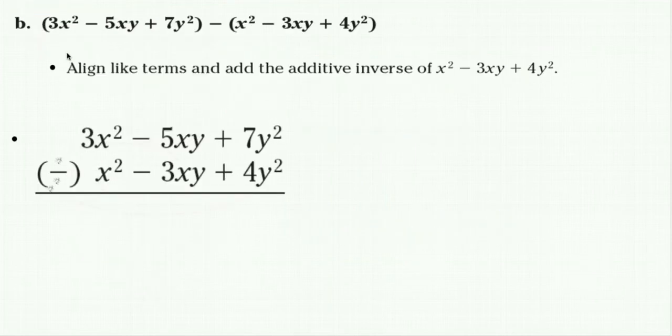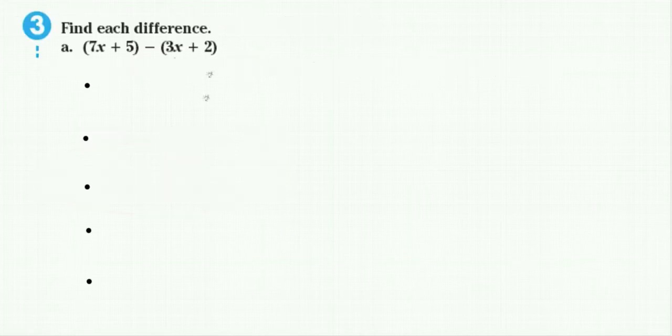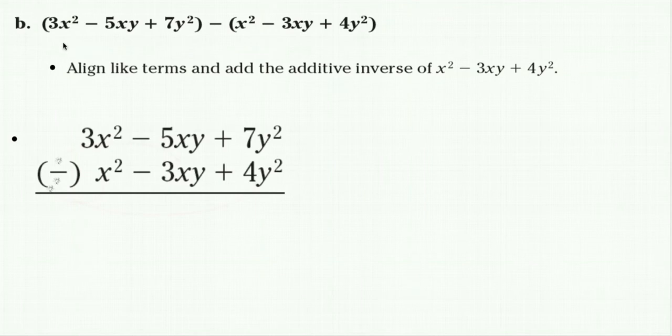Okay, let's look at example B. Was that example A? Yes, I'm assuming that's example A. Yep. Example B, you have 3x squared minus 5xy plus 7y squared minus x squared minus 3xy plus 4y squared. Okay. First, align like terms and add the additive inverse of x squared minus 3xy plus 4y squared.